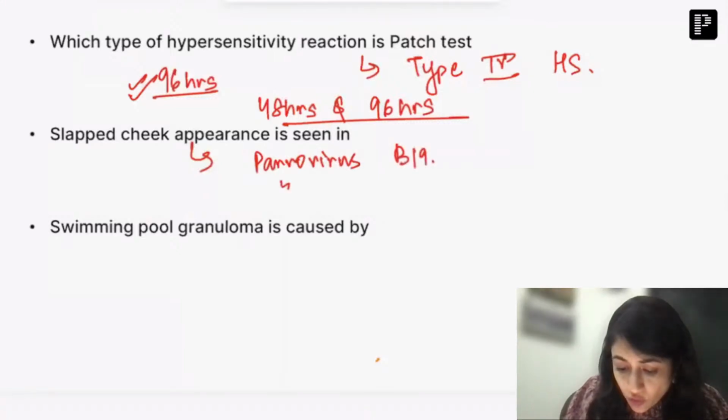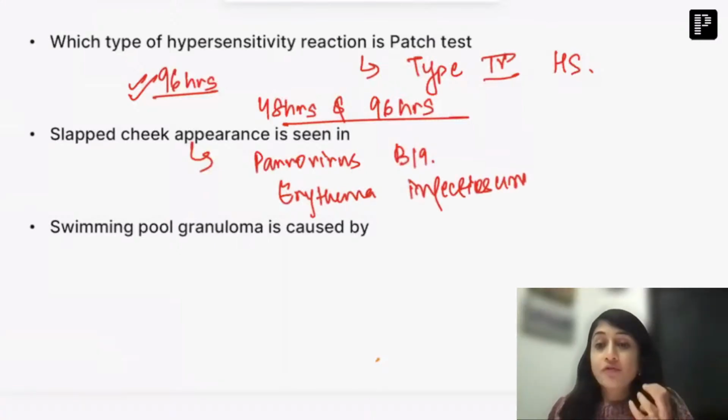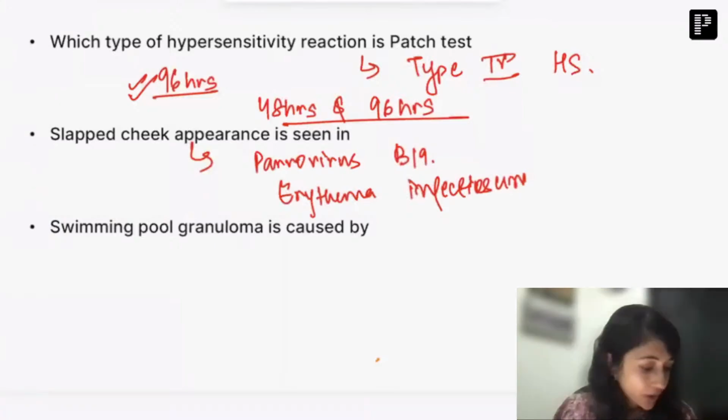It is also called as erythema infectiosum. So erythema is redness, infectiosum is something that's spreading. So a child who's otherwise well presents with turgid erythema on the cheeks, it looks like somebody has slapped the cheek of the child, and that is why it's called as slap cheek appearance, right?